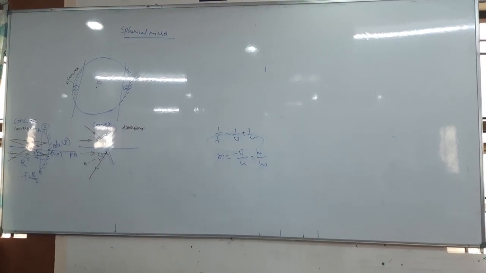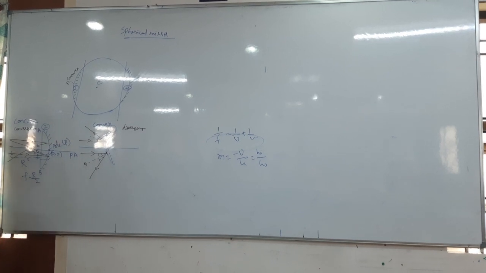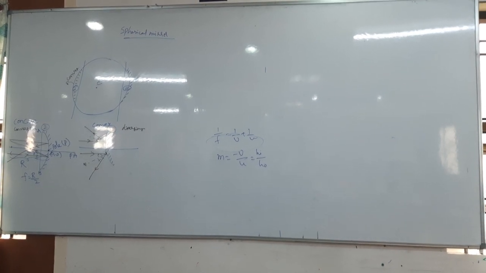Then next, focal length small f: distance between the focus and pole. Small f is equal to capital R by 2.